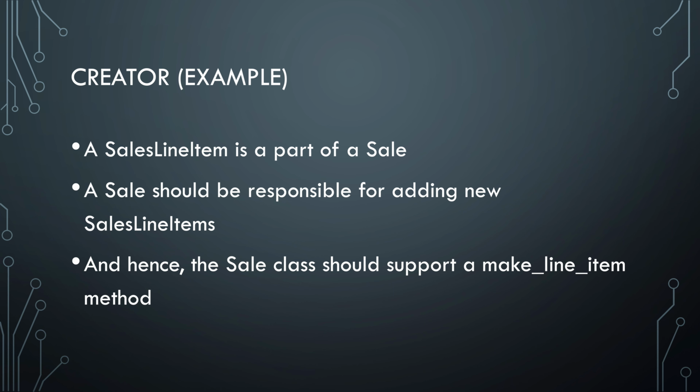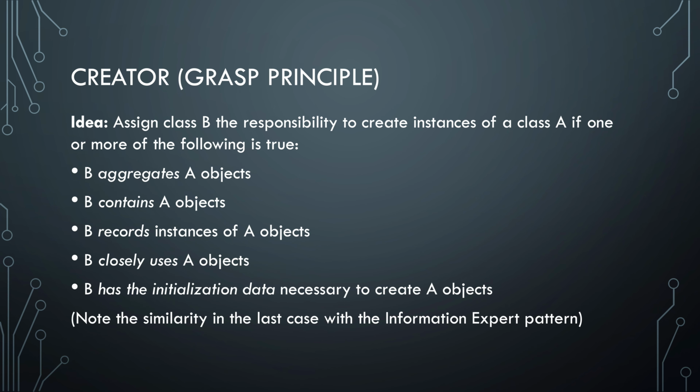As a result, the sale class should probably have a make line item method. Generally speaking, if a class B conceptually contains a list of A objects, records instances of them, uses them closely, or already contains the data to initialize A instances, then B should probably be responsible for creating the instances of class A.